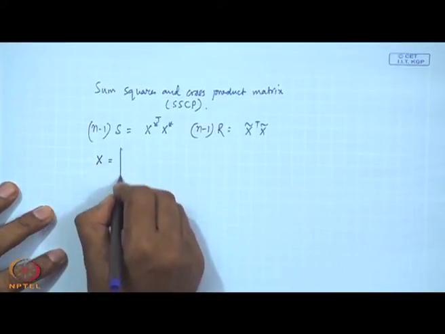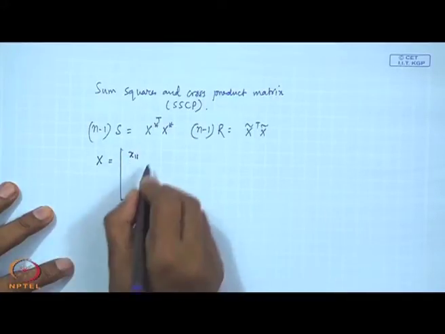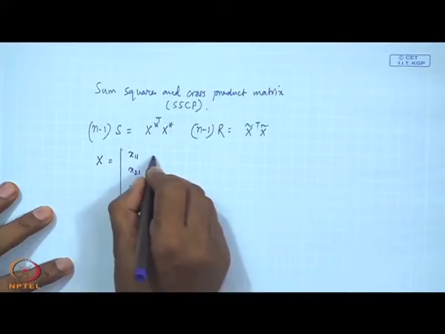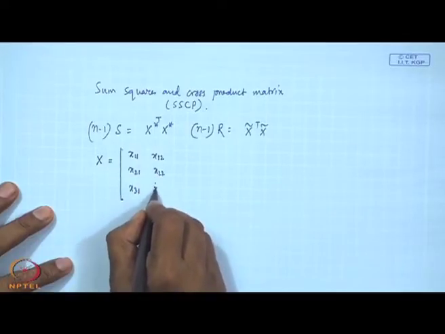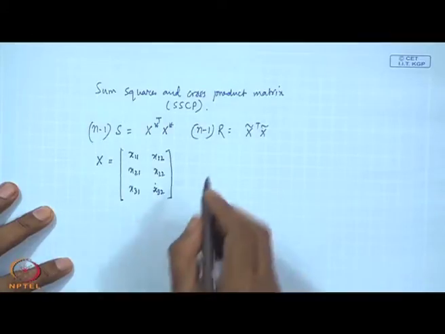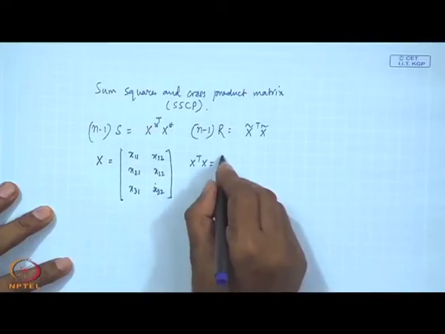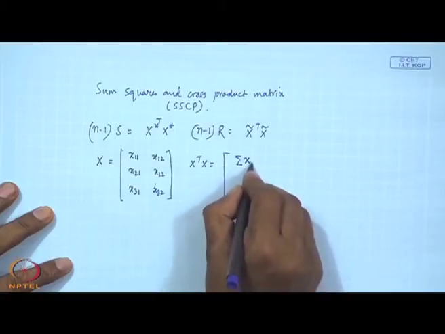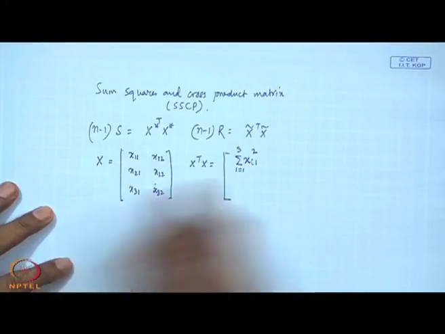So, now suppose x I am writing like this: x 11, x 21, x 31, x 12, x 22, x 32. You do like this. Now, you calculate x transpose x, what will happen here? You will be getting like this: sum of x i1 square, i equal to 1 2 3.